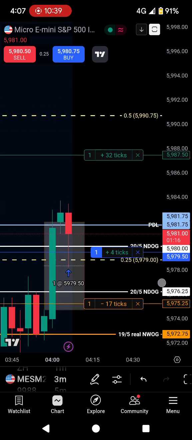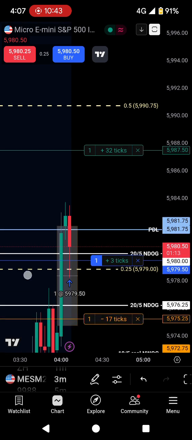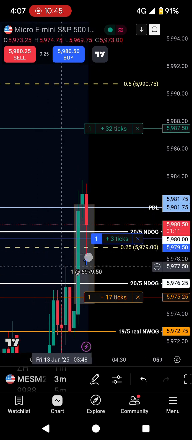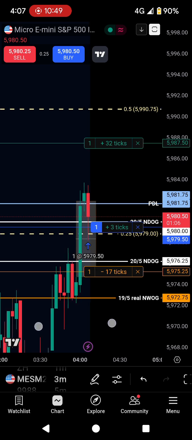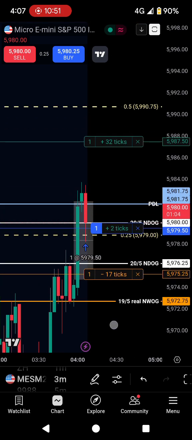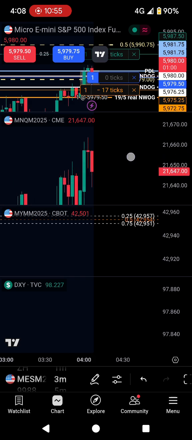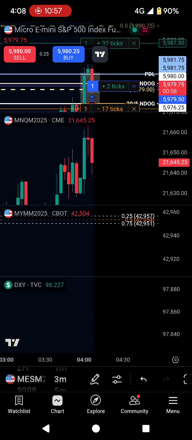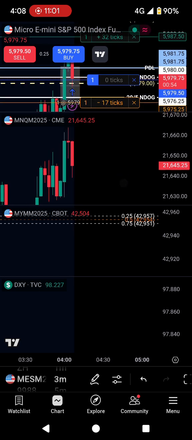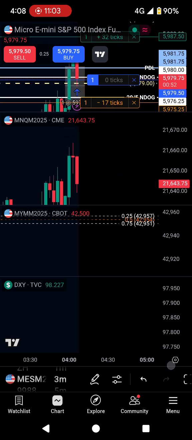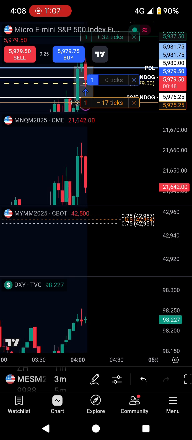See where it drops, pops straight to the midpoint of it and rejects up, and this is a displacement. So what we are seeing here is very favorable price action to me. And I'll have a look at the Nasdaq as well. Yeah, so Nasdaq not as bullish. Dollar. Okay, dollar going up as well.